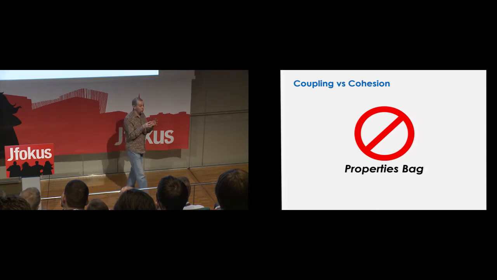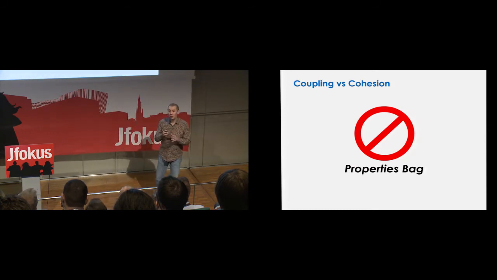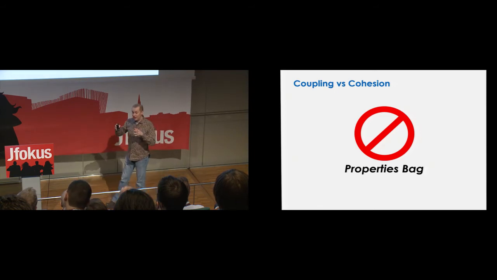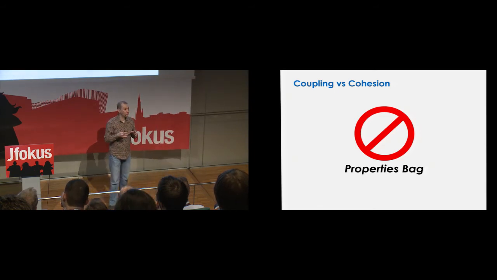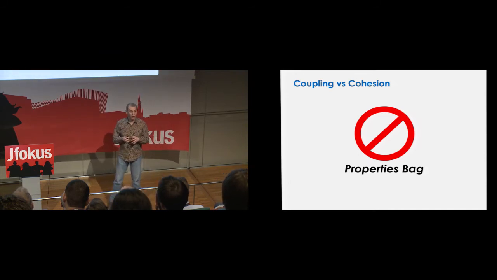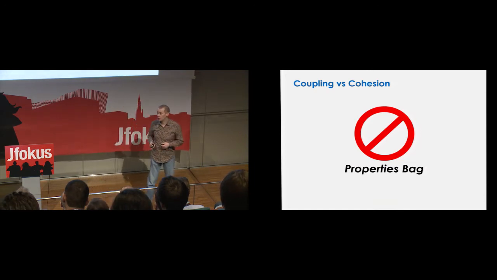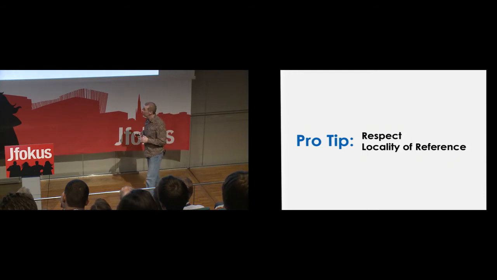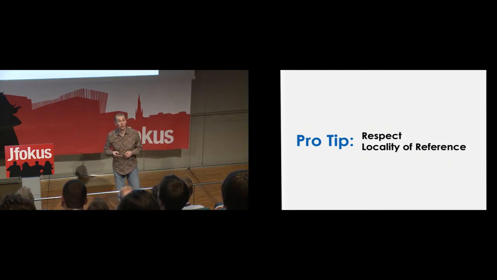How do you know what things should be put together? Actually, a really good rule of thumb is that change usually happens in clusters, and that's usually a really good indication of what should be together. Things that are cohesive tend to change together, and things that are separate won't have change happening to them. So it's good modeling, good things to do. We have to respect this locality of reference.